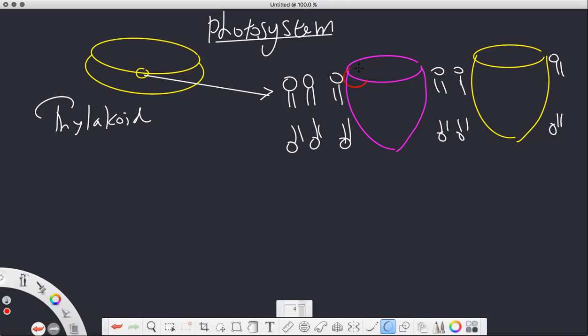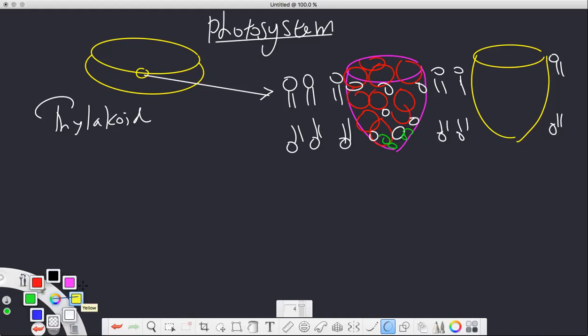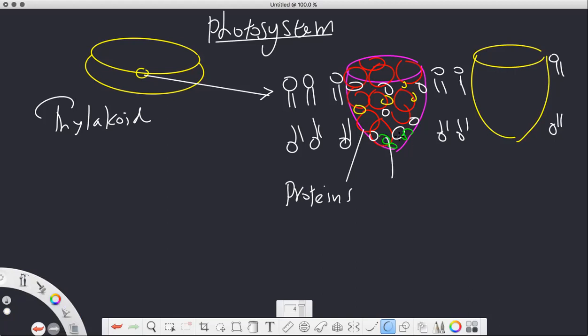Let's see, the red color ones represent the protein molecules, and then the white color ones show the pigments, and also the green color ones, and maybe the yellow color ones. Right, now we can see a collection of proteins and a collection of pigments. So we write it here. The red color ones are proteins. The rest of the things, green color and white color ones, are pigments.